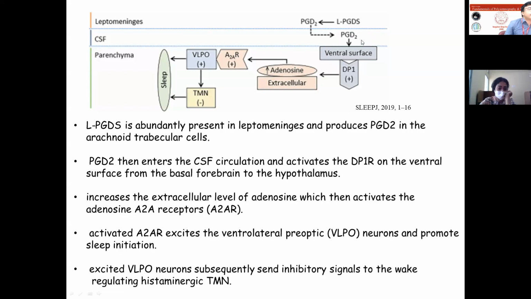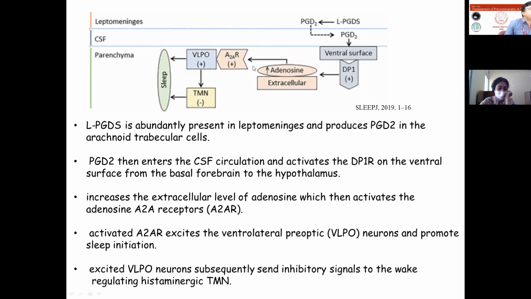So when prostaglandin D2 gets accumulated, it acts on the prostaglandin receptor, and this in turn increases the adenosine, and further down the cascade, as I mentioned earlier, adenosine can act on the A2A receptor, activating VLPO, that is sleep inducing, and inhibiting the wake promoting.